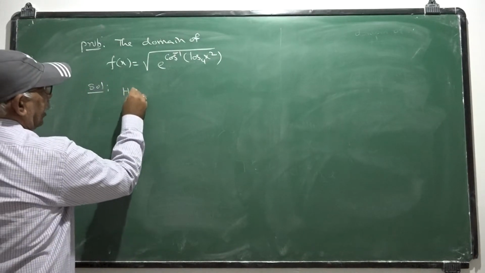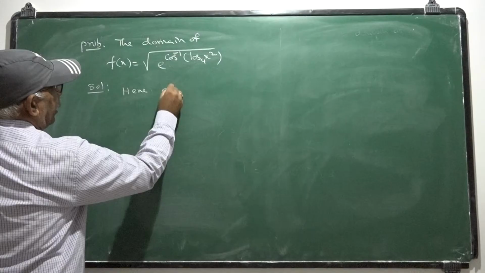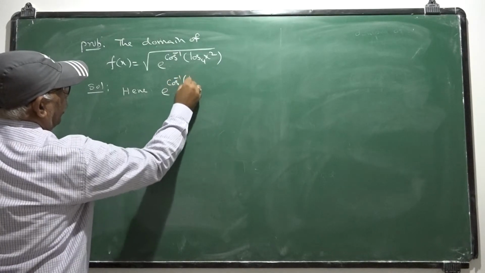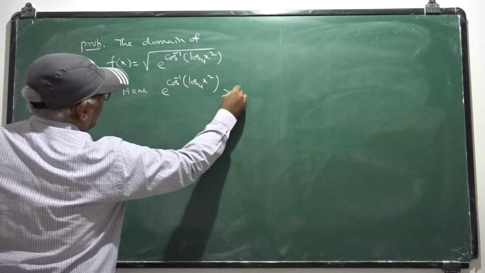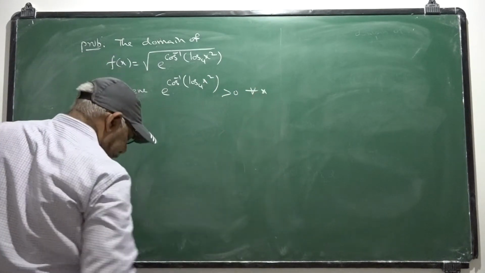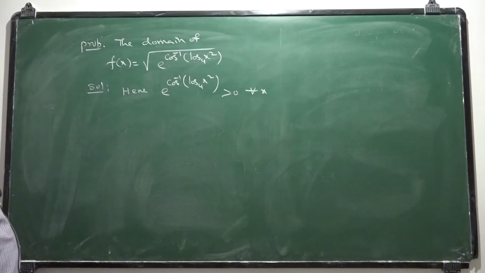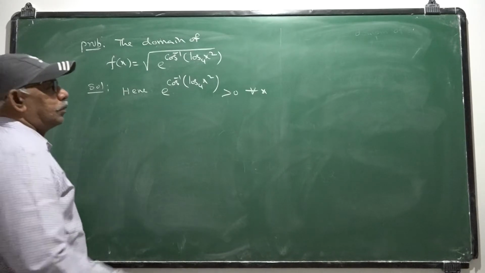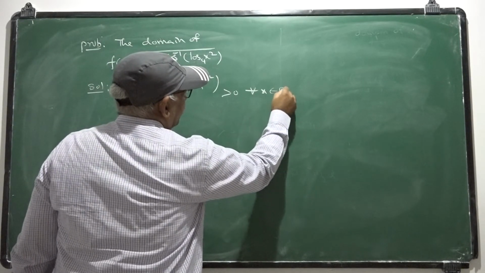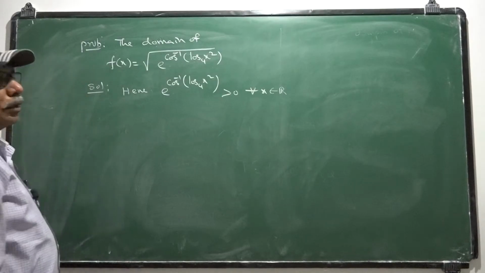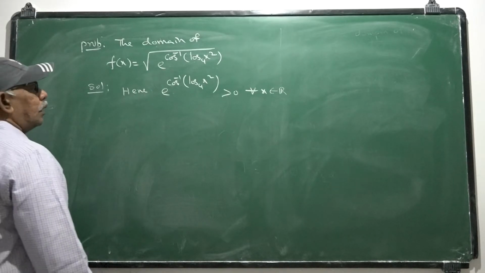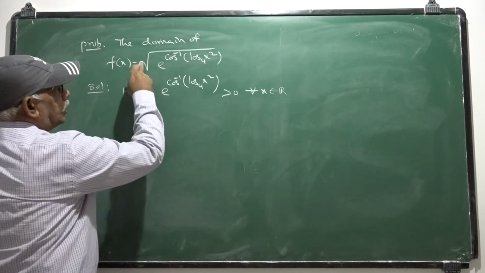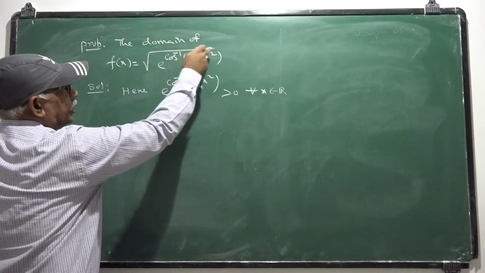Here e power cos inverse of log x square to the base 4 is greater than 0 for all x belonging to the set of reals. Hence, you need not worry about this square root.